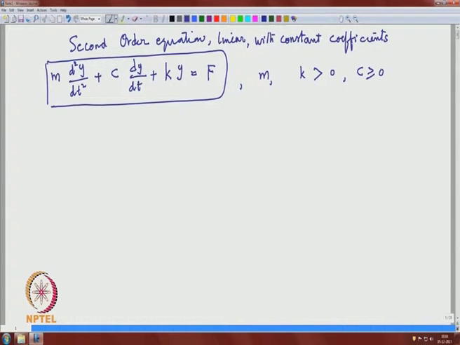Let me recall: m is the mass, k is the spring constant, and c is the damping.